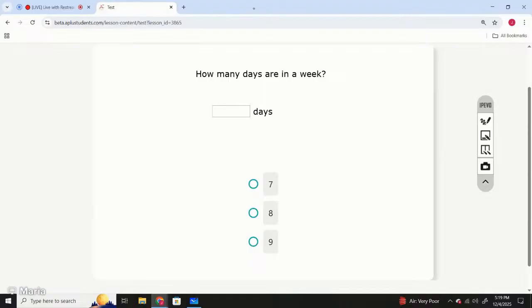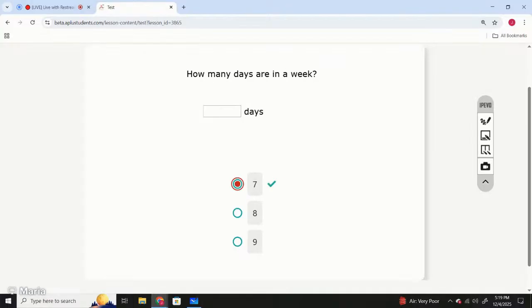How many days are in a week? In a week there are 7 days. The correct option is 7.